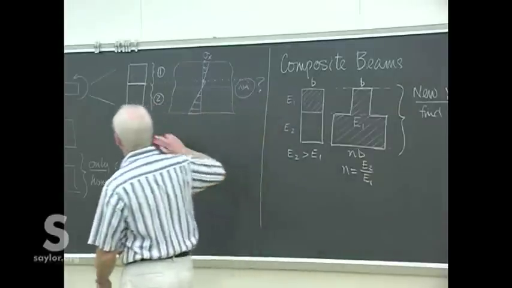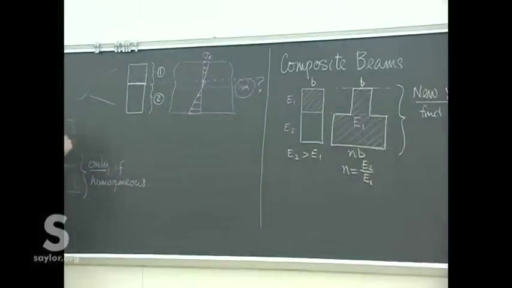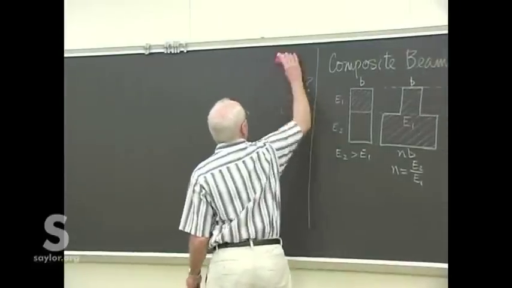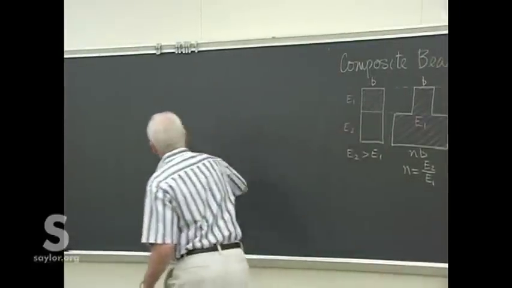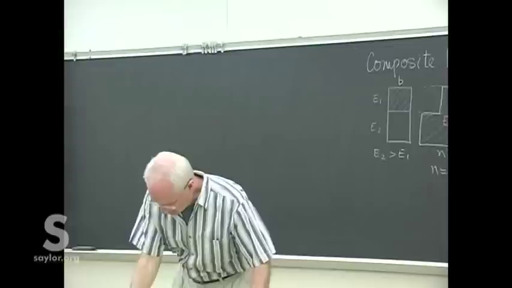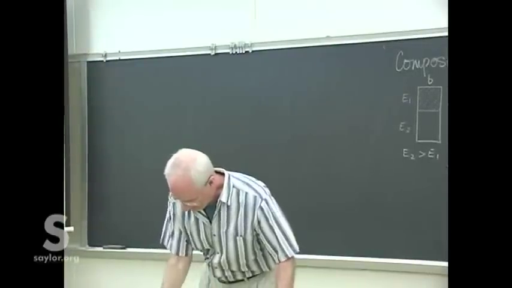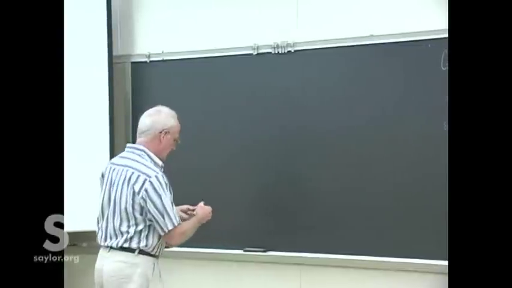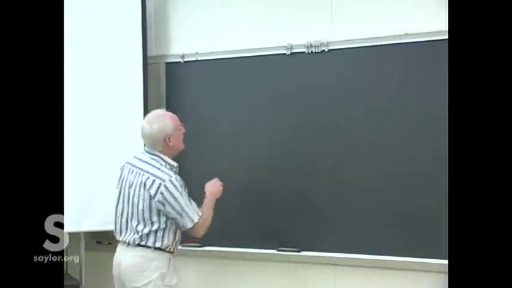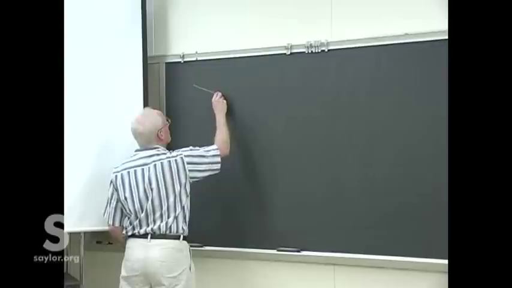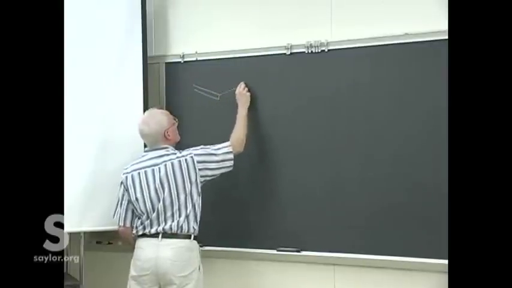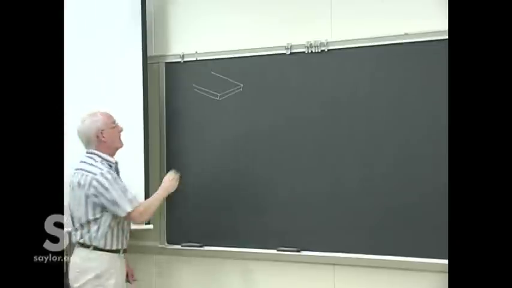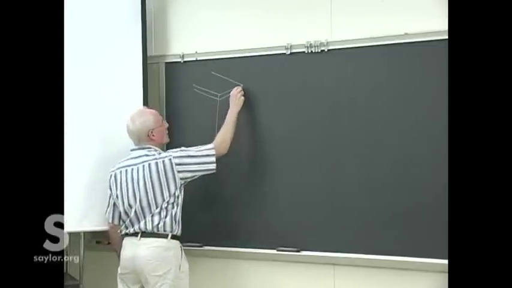We'll do a problem. We'll step through it. That's sometimes an easier way to do it. So we'll actually go through this. All right, so let's imagine we have a beam that's got an aluminum plate on the top and wood on the bottom.